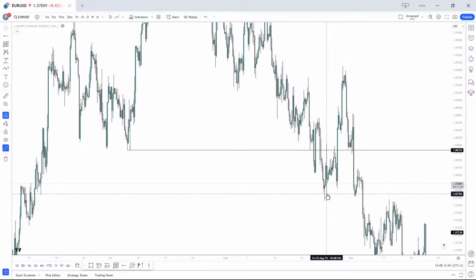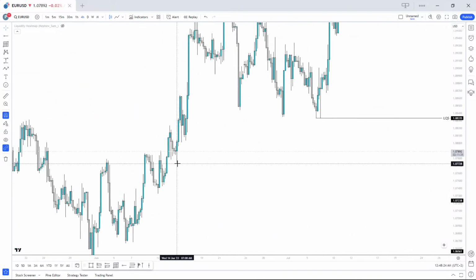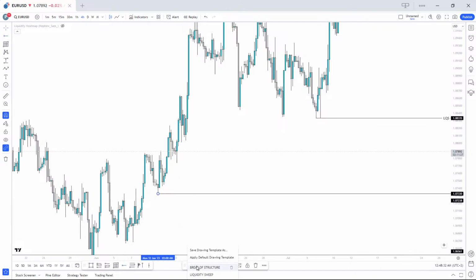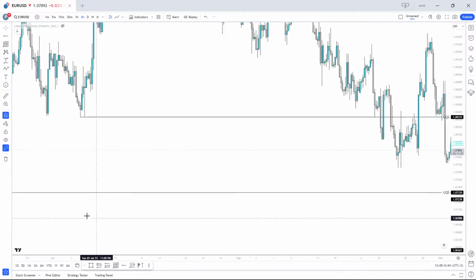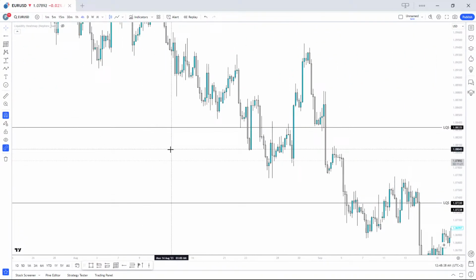So basically this low swept the liquidity off of here. Let's mark this out. And this low was also supposed to grab the liquidity, but I wouldn't consider it. Yes, there are lows, but this one is a better low. We can consider this actually a good example, maybe. But okay, what do we see here?